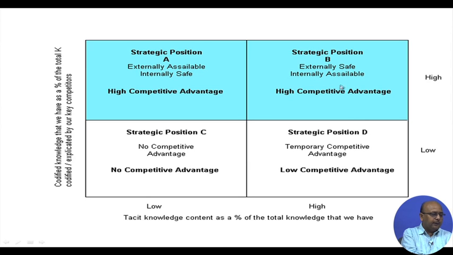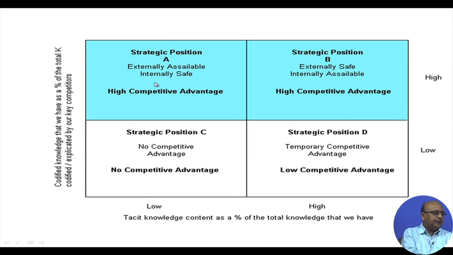Now, if you look at this part, you have a better strategic position because you have high codified knowledge as well as high tacit knowledge. But again, this also provides you a strategic position or a competitive advantage because you are high on codified or explicit knowledge, but in this case you are high on both explicit as well as tacit knowledge, right.